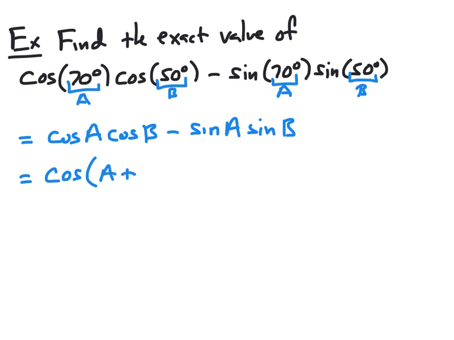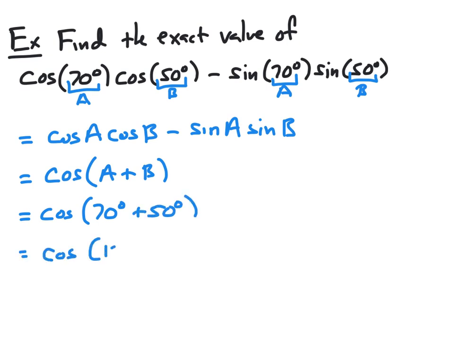And so this is equal to the cosine of A plus B. Recalling that A and B are 70 degrees and 50 degrees respectively, this is the cosine of 70 degrees plus 50 degrees, which is 120 degrees.